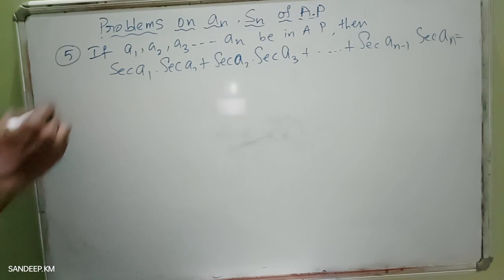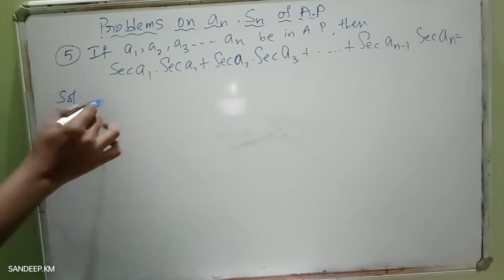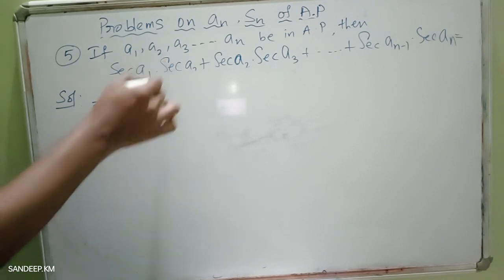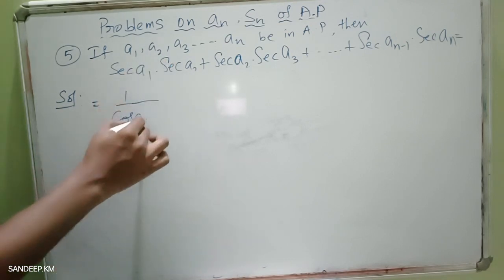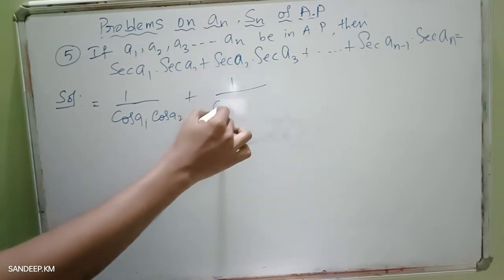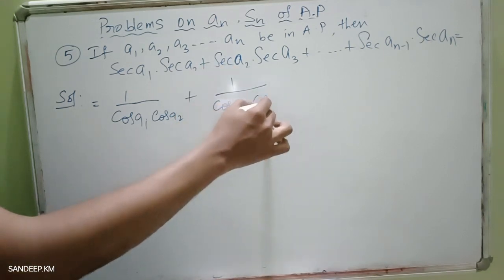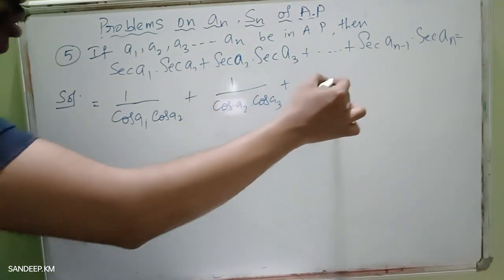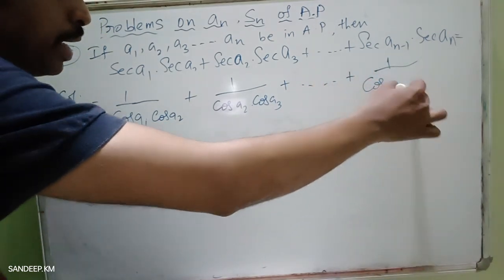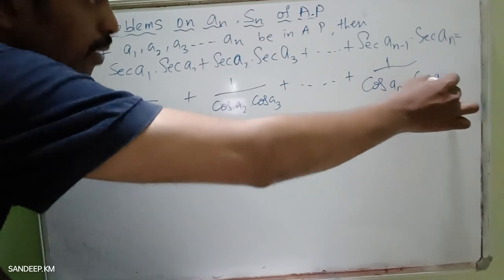Okay, fine. What is it? The question is equal to secant a1 is 1 by cos a1 into secant a2, 1 by cos a2. So 1 by cos a1 cos a2 plus 1 by cos a2 into cos a3 plus and so on plus 1 by cos an minus 1 into cos an.